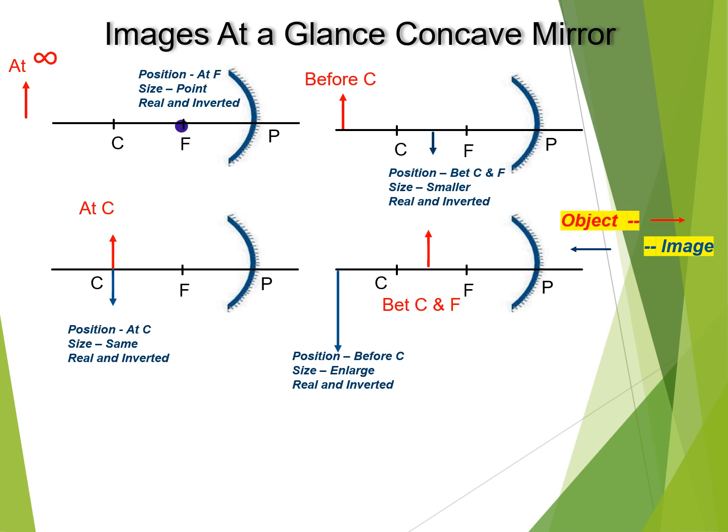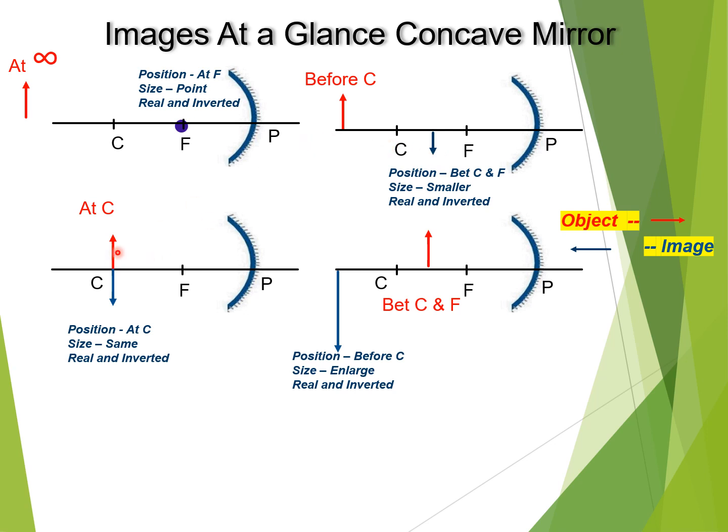We must have seen here that as the object is moving towards the mirror, the image is moving away from the mirror. When it was at infinity, the image was at focus. When the object came closer, the image got further away from the mirror, and size also has increased.